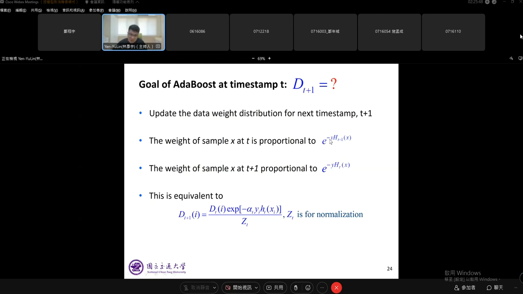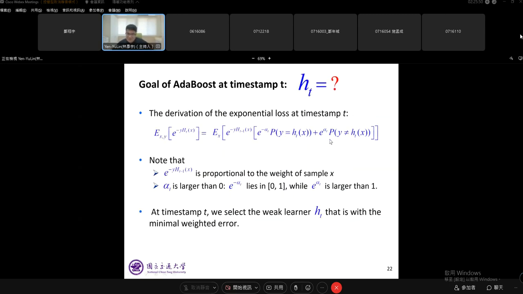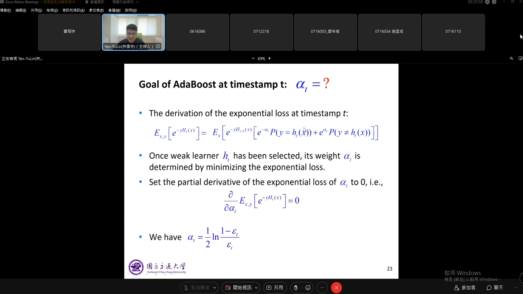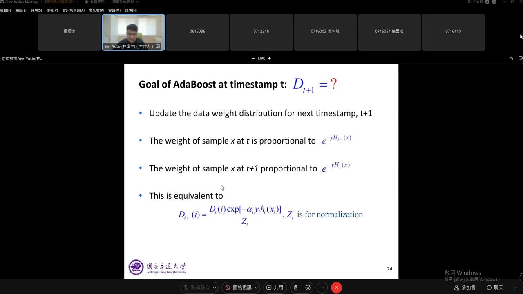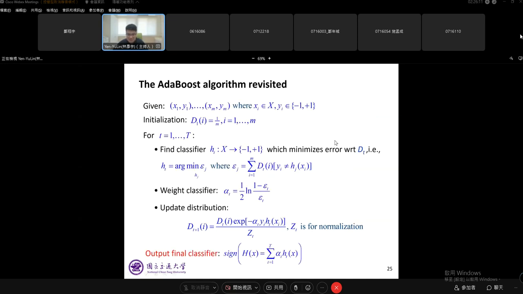So in the previous three slides, I specified that h_t is selected to minimize the exponential loss, alpha t is determined to minimize the exponential loss, and the data weight is updated to be consistent with the exponential loss. So it turns out that AdaBoost has its own theoretical support.